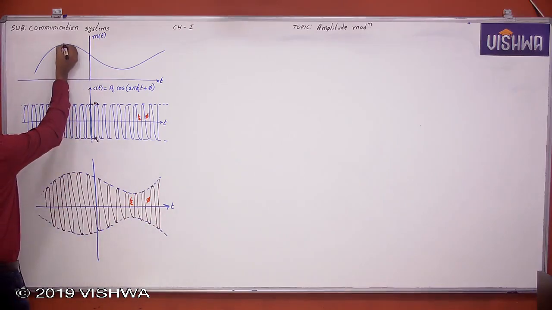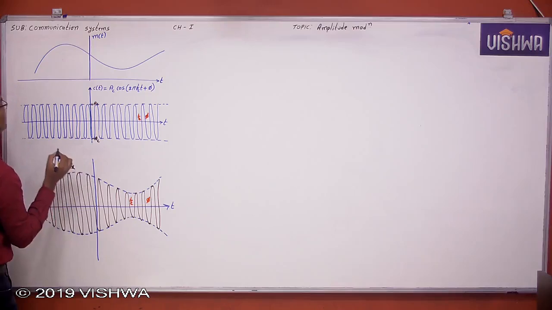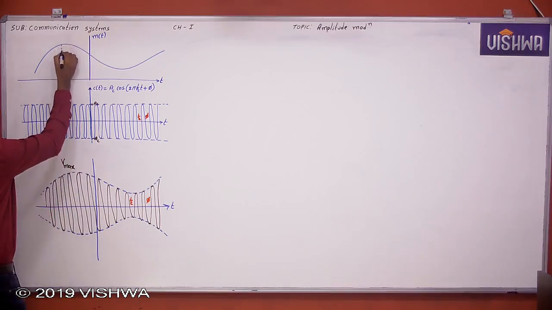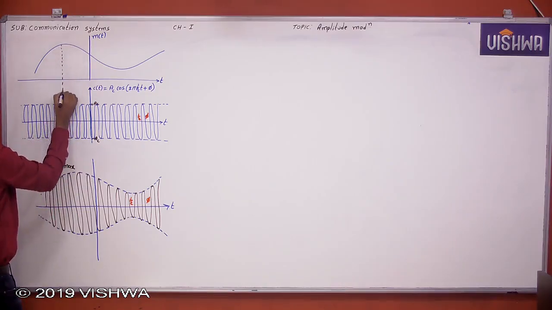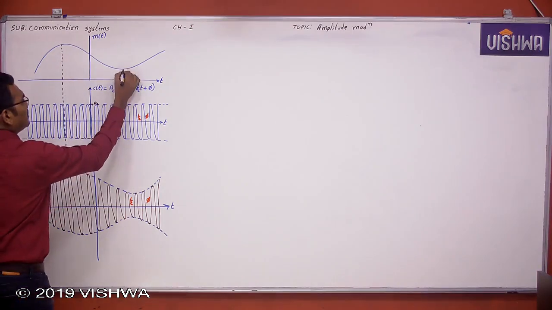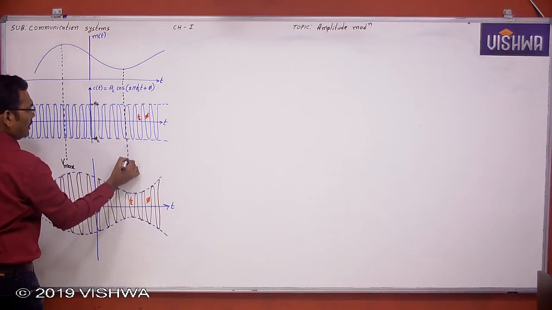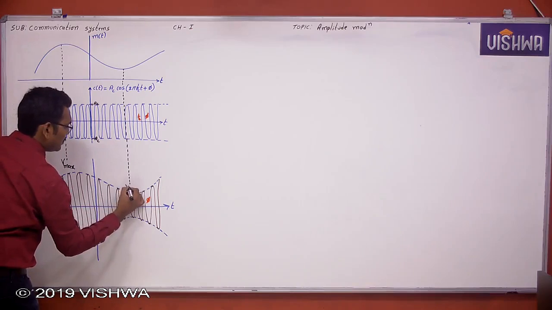Now see here, where the message signal amplitude is maximum, the carrier amplitude is also maximum, V maximum. Here the message signal amplitude is minimum, therefore the carrier amplitude is also minimum, this is V minimum.